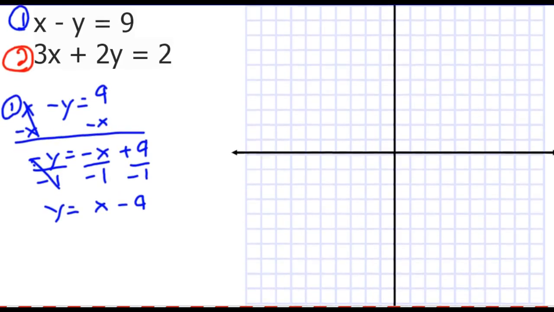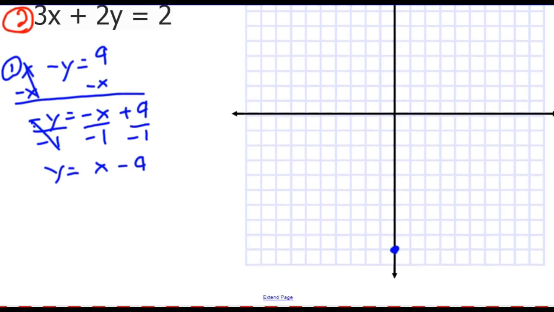So our first line is going to start at negative 9, negative 1, 2, 3, 4, 5, 6, 7, 8, 9. And that's going to go up 1 and over 1. So we could create a line that's going from here all the way up through here.